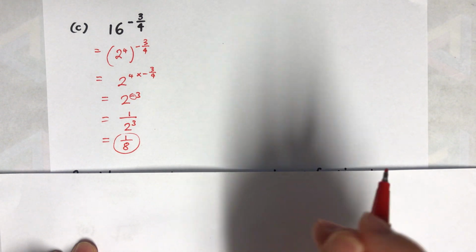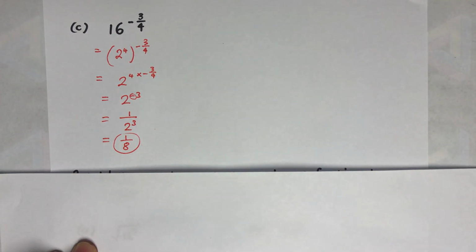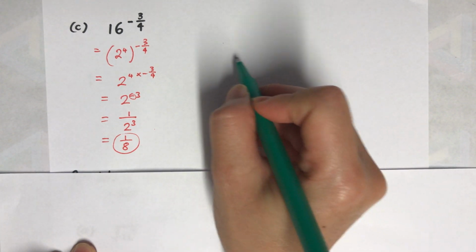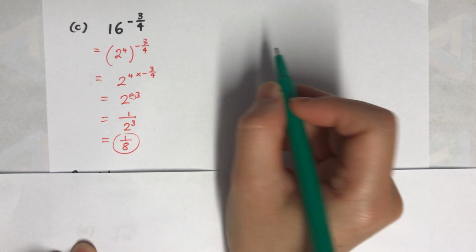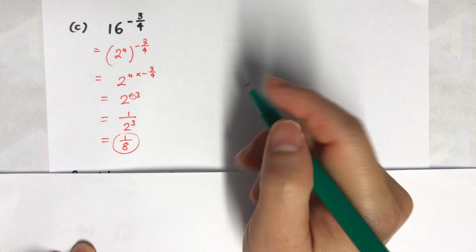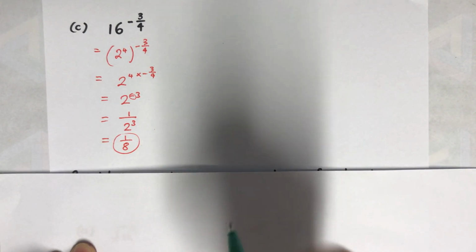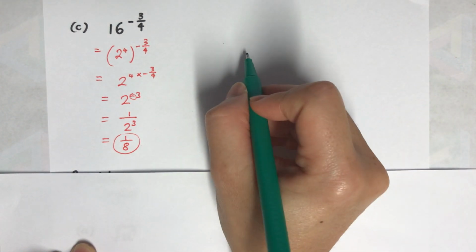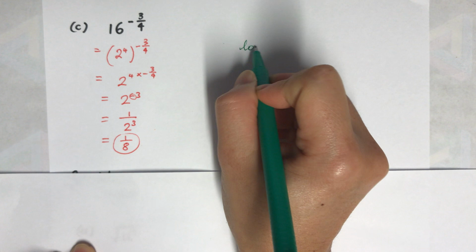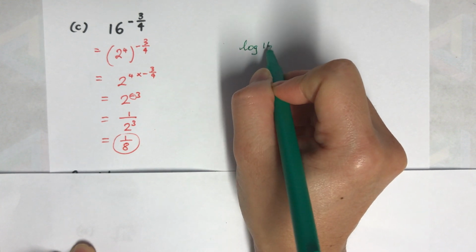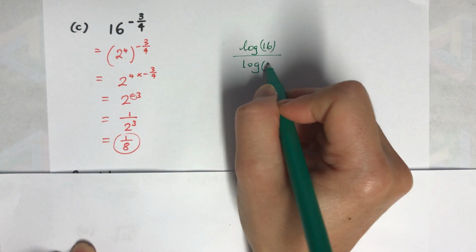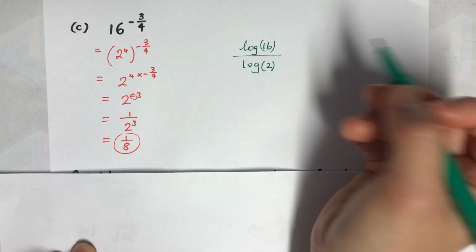Now here, I'm just going to quickly show you something. If you don't know the power of this, 16 is even, so you can sort of guess your base will be 2 or 4, but I'm going to stick with 2 because we want the smallest base. You can use a log. So log 16 over log of the base, I'm choosing 2 here.